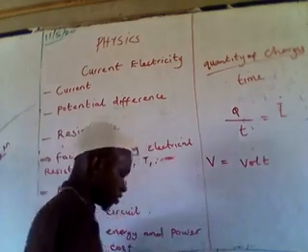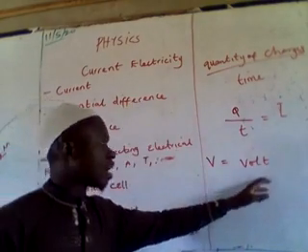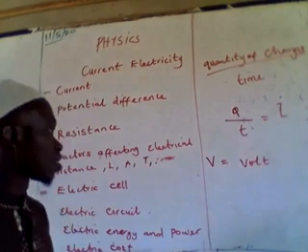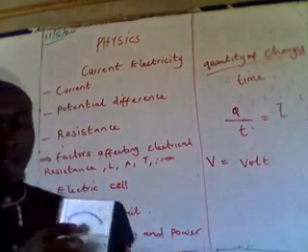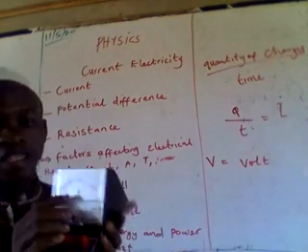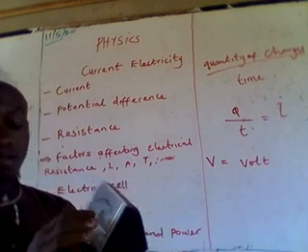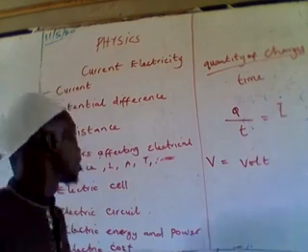That means the unit of potential difference is the volt. It can also be written as a small letter v. Take note, it can also be measured by using a voltmeter. Wherever you have a device on which V is written, as you have it like this, this is known as a voltmeter. It is used for measuring potential difference.